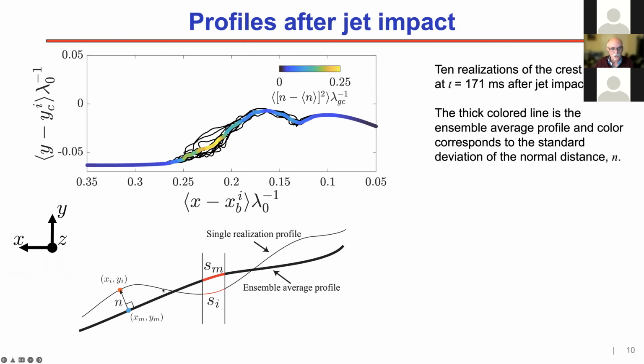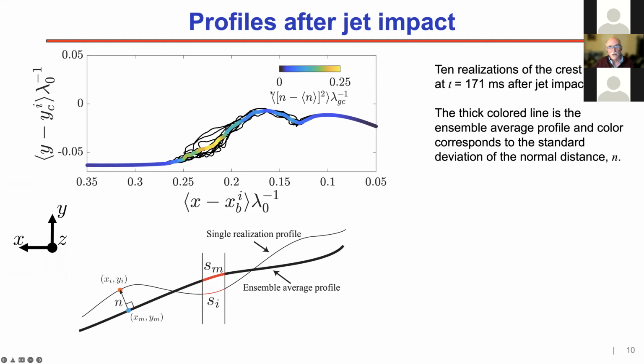And we measured two things about these profiles. One is the normal distance from the mean profile to an individual profile. We call that N, and that could be measured at any position along the normal profile. And the other is an arc length measure. This thick red line is the arc length of the mean profile, and this SI is the arc length of an individual profile.